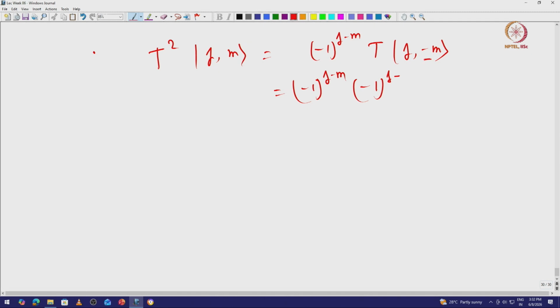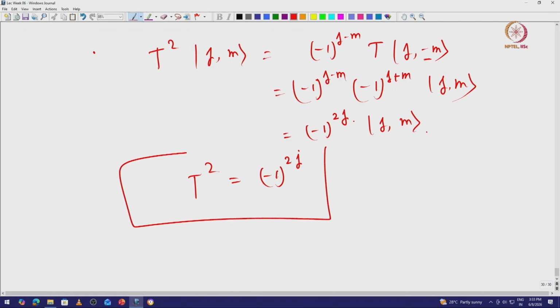So, now minus m, so it will go back to plus m, which gives us minus 1 to the power 2j. So, this gives us the most important property of time reversal for spin systems.